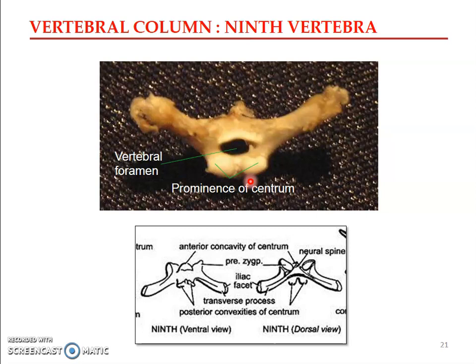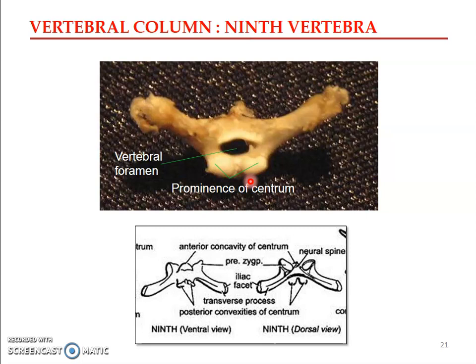The anterior convexity fits into the posterior concavity of the eighth vertebra. The eighth vertebra has concavity on both sides, and here it has convexity on both sides. So the convex protuberance of the ninth vertebra fits into the posterior concavity of the eighth vertebra.